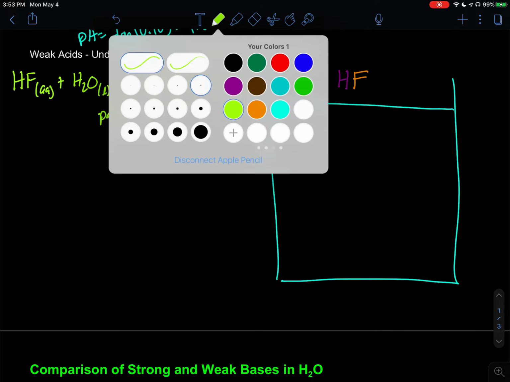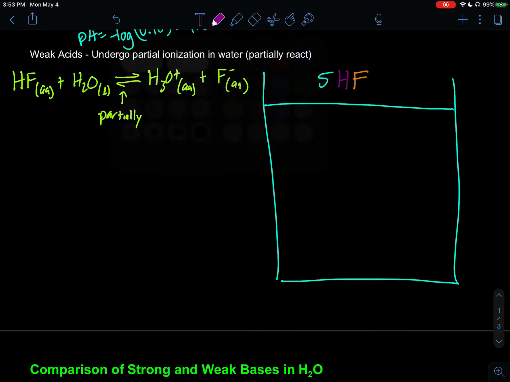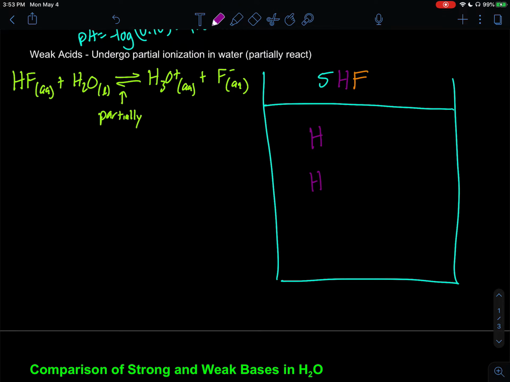So again, if we add in maybe something like 5 molecules of HF, of those 5, maybe 4 of them remain, and this is exaggerated, it would actually be more like if we had 5,000, we have one of them actually ionizing here.